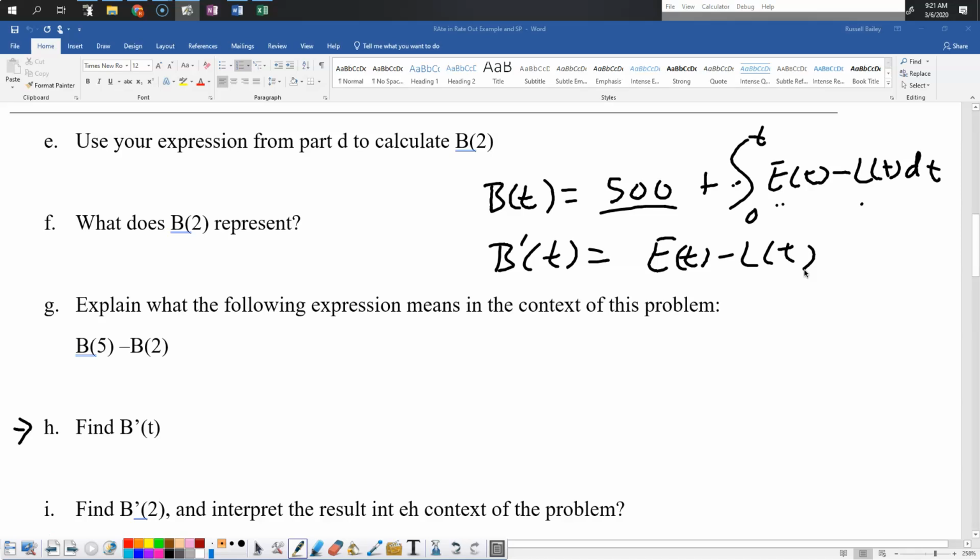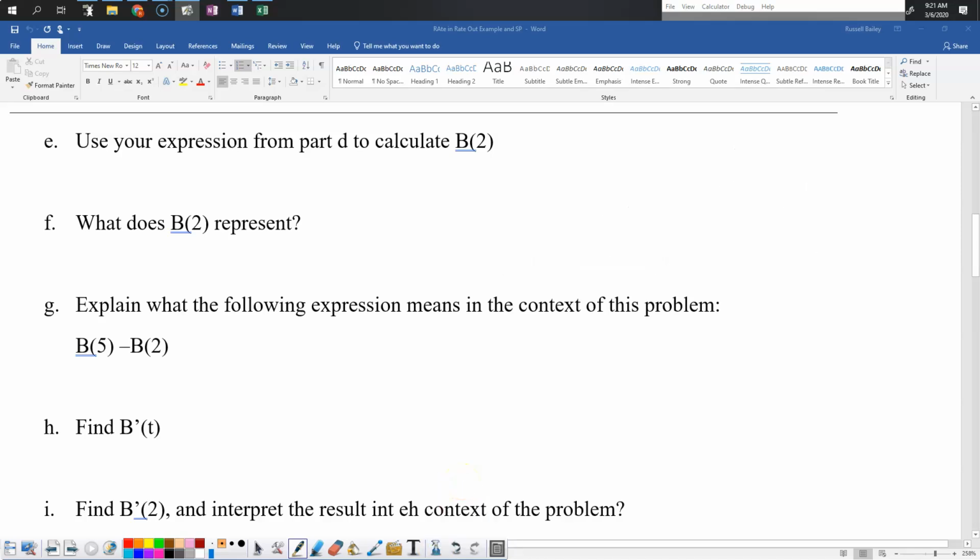So the derivative of the population of bees in the hive at a given time is basically the total rate of change of the population of bees in the hive at a given time, which is the rate in minus the rate out. That should make a little sense, right? Rate in minus rate out is the total. So let's go ahead and take a look then at part I.